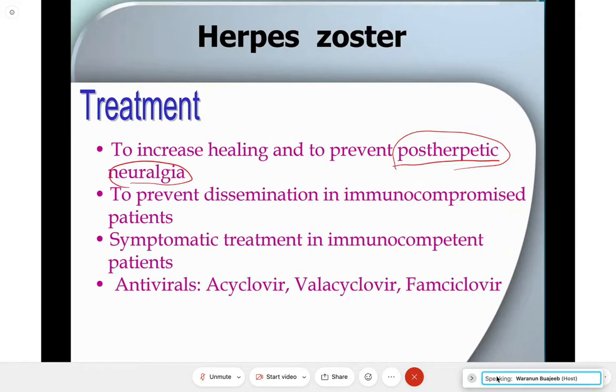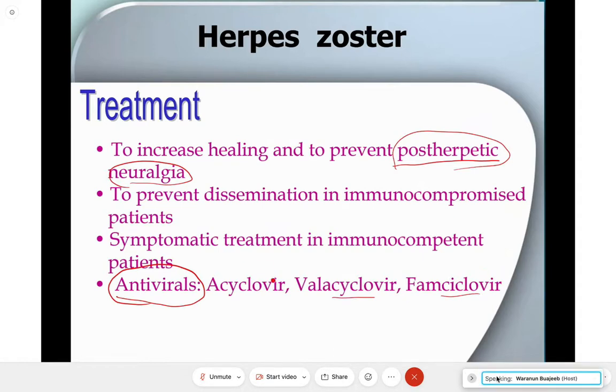And we try to prevent that by giving antiviral therapy for patients with herpes zoster, and also try to prevent dissemination, especially in immunocompromised patients. What we can give is an antiviral like acyclovir and newer generations like valacyclovir and famciclovir, which the patient doesn't have to take so frequently.